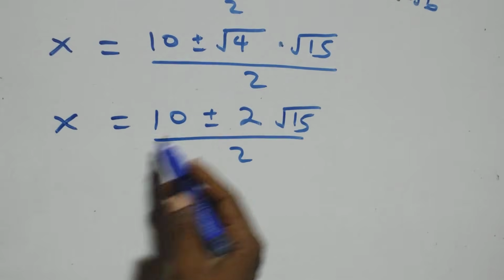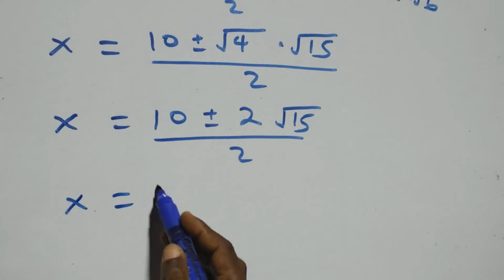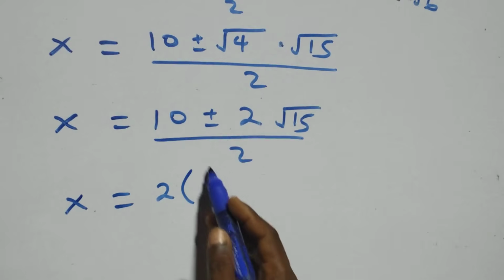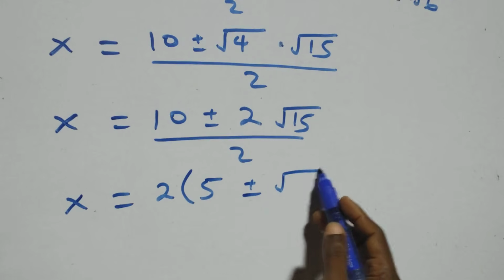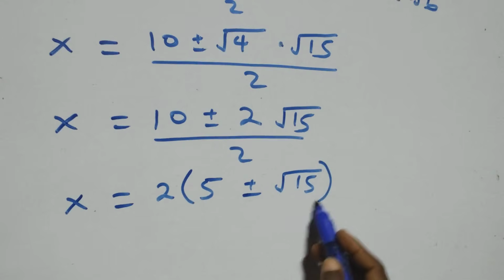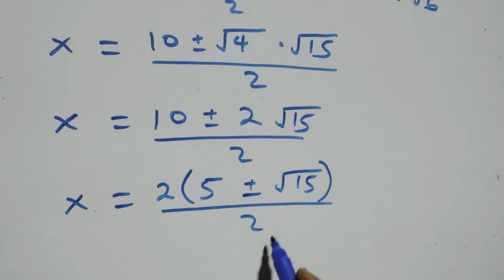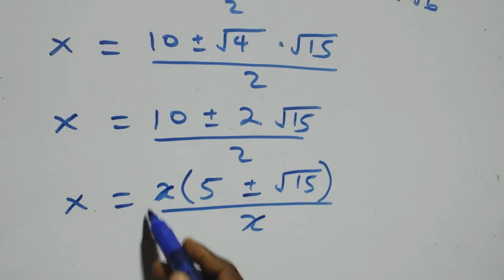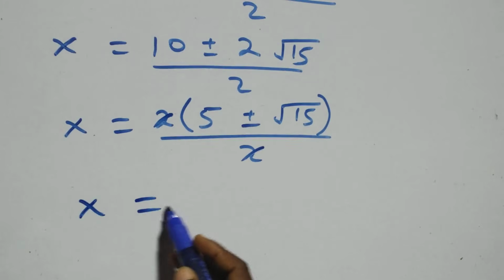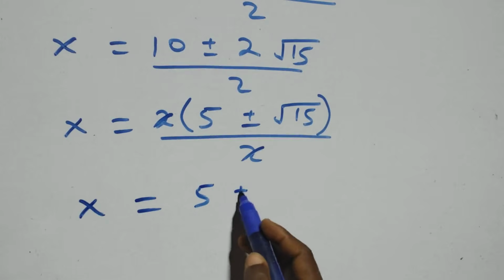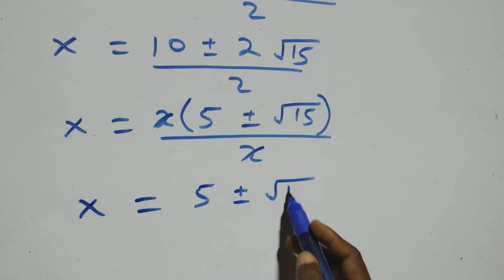Here 2 is common, so we have x equals 2 into brackets, 5 left here, then plus or minus root 15, all over 2. Here the 2s cancel each other. This becomes x equals 5 plus or minus root 15.